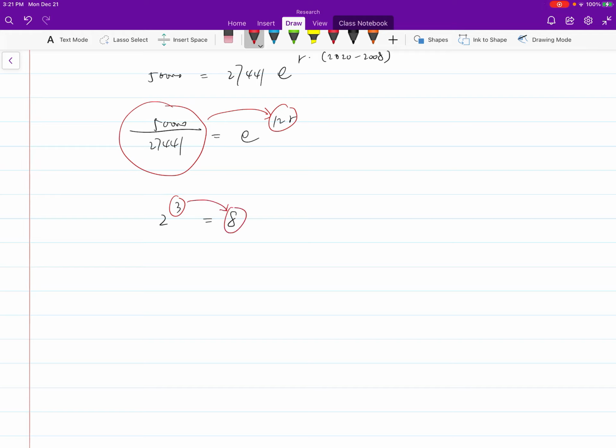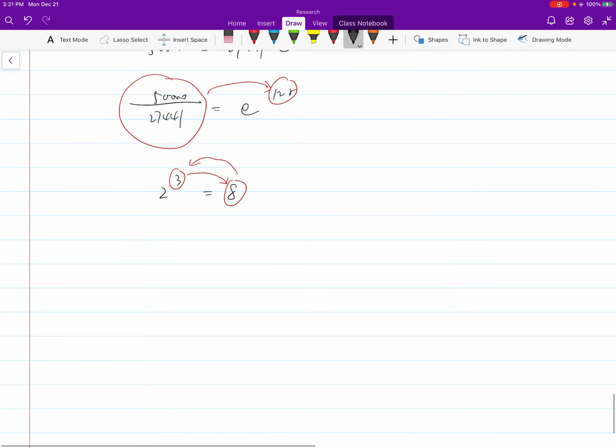If I know it's a cube, then I calculate through the base 2, I will get this number is 8. Now if you observe what we have here, we have the reverse. We know this number is 8. Can we go back and figure out what this exponent is? If we know this number is this weird number, can we know what exponent is given the base e?